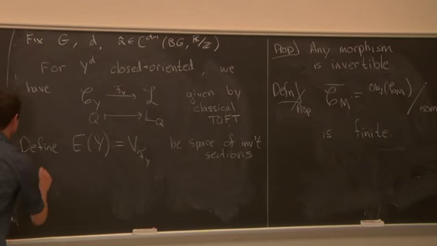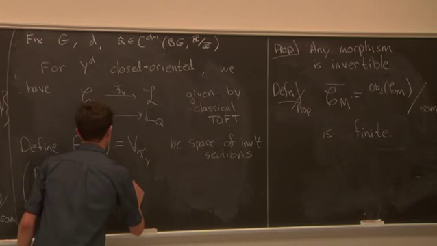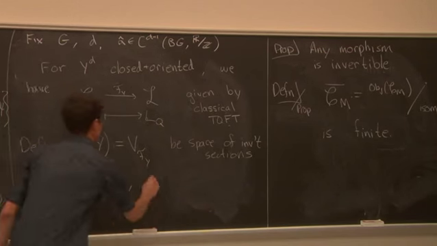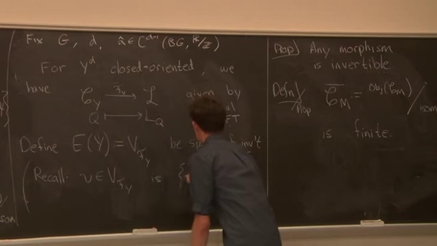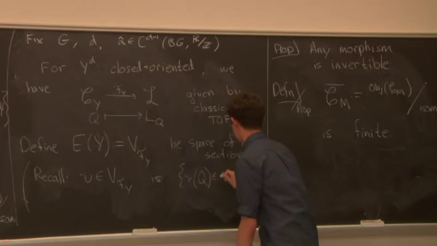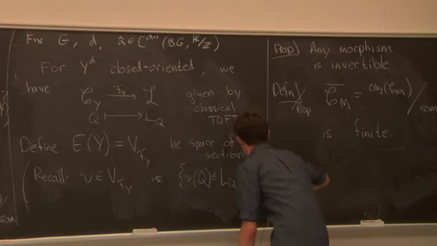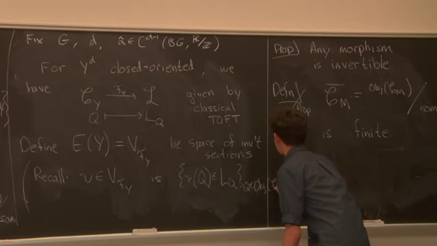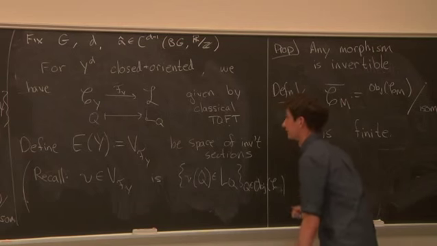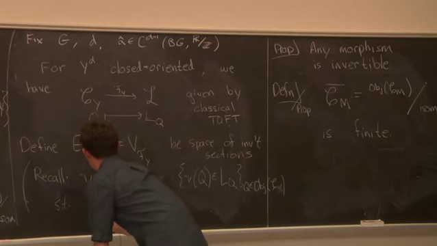Let me just recall the definition from last week. Elements in the space are going to look like choices in the target objects as we run through bundles over Y that behave nicely with respect to morphisms.